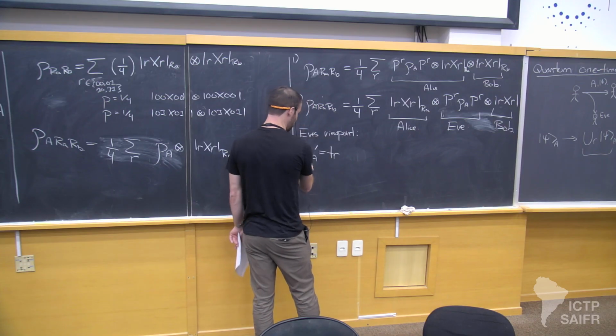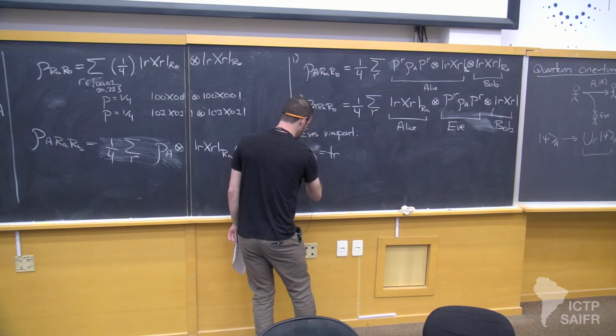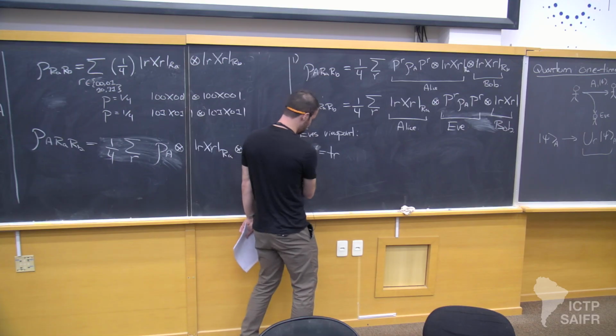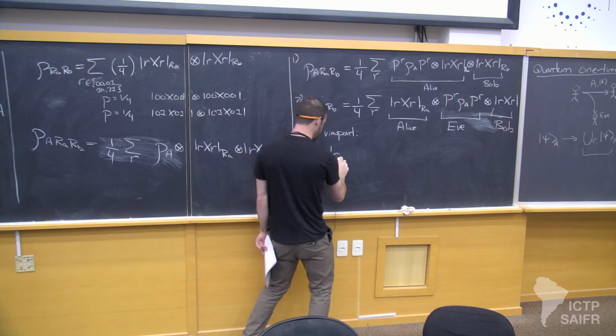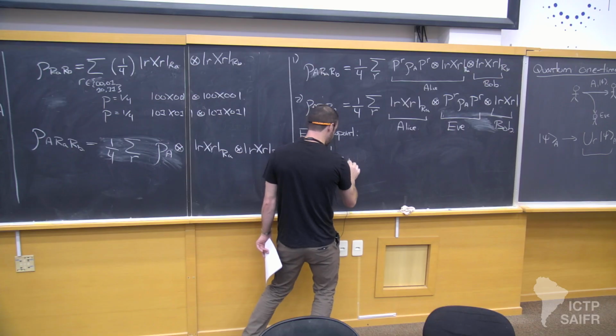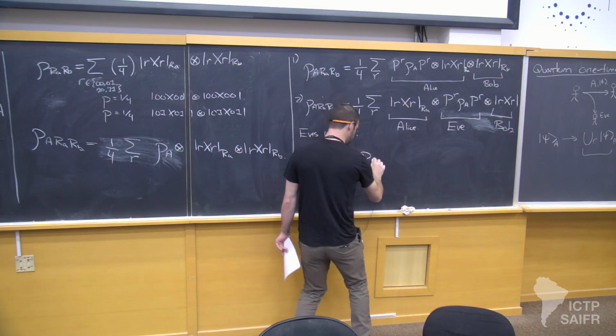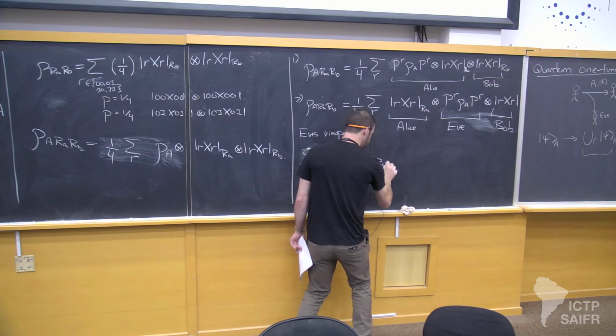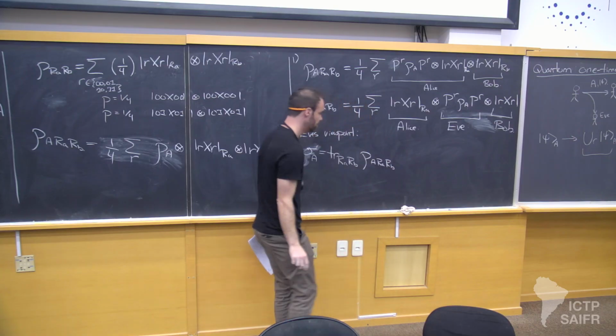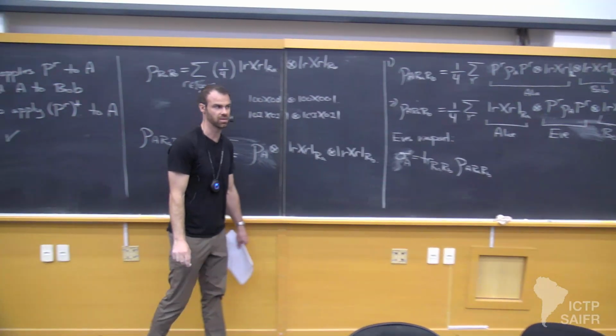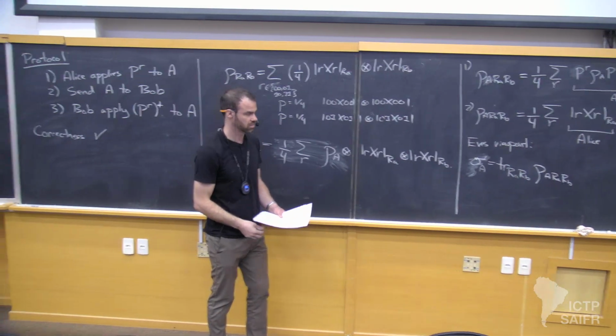This isn't the rho A I started out with, so let's call it sigma A. This is the density matrix that Eve sees, which follows by tracing out R_A and R_B of this A, R_A, R_B density matrix.